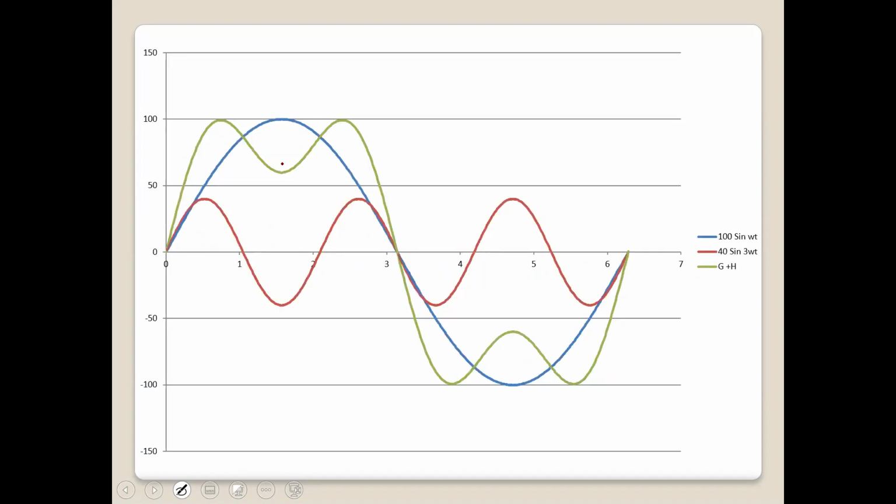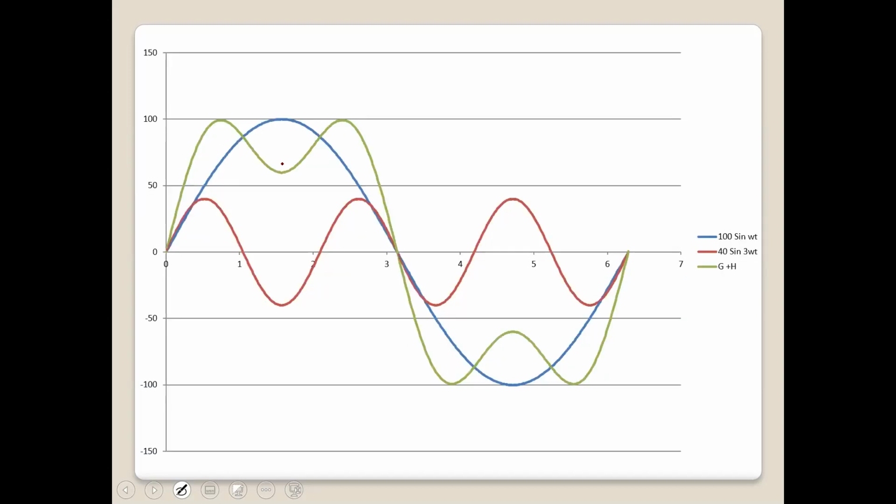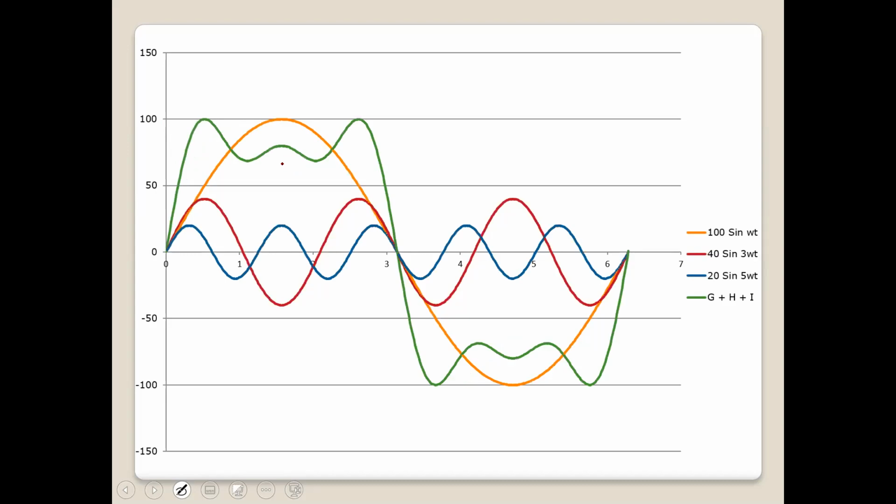All right. Now, is there anything different between the 2 and the 3? Are you noticing any difference? Here's my 2. Here's my 3. Any difference? Yes, sir.